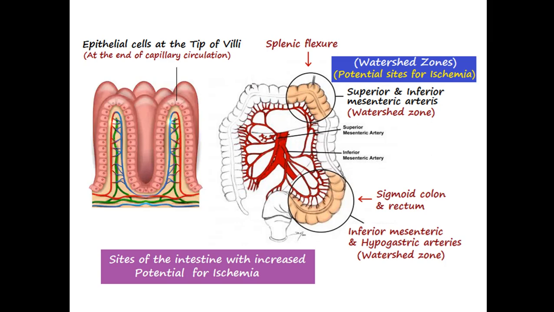One watershed zone is at the splenic flexure, which is supplied by the terminal branches of the superior and inferior mesenteric arteries. The other one is located at the sigmoid colon and rectum, where the inferior mesenteric and hypogastric arteries have their terminal branches. In conditions of severe occlusion, these two watershed zones are more susceptible to ischemia because they are supplied by the more distal and terminal branches of the arterial circulations.